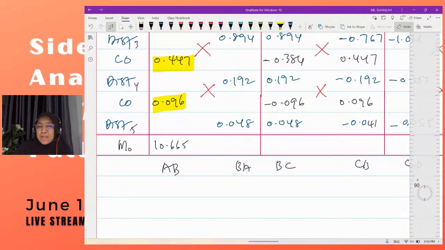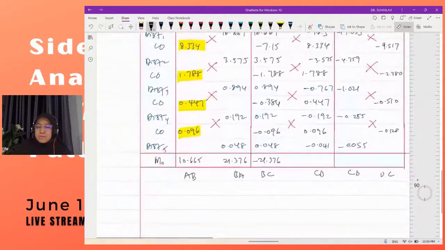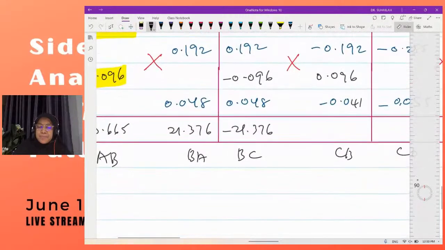What is MBA? 21.376. So should be negative 21.376. Okay. One negative, one positive, one negative. If you don't get the same, so please check back all the calculation.